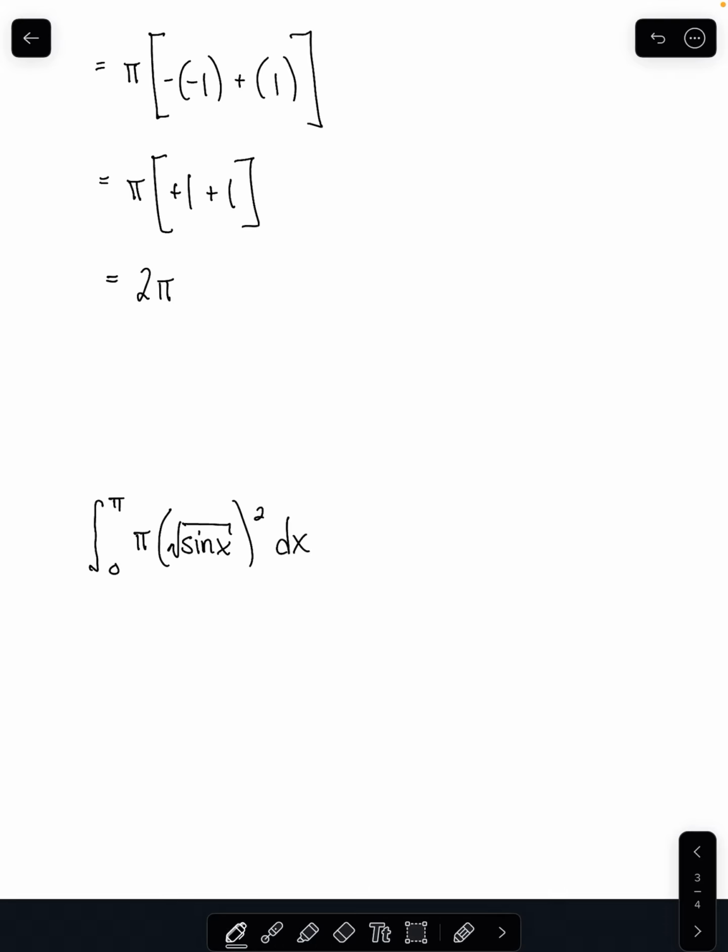Let's look at another example, but this time we're going to look at a region that is revolved around the y-axis.